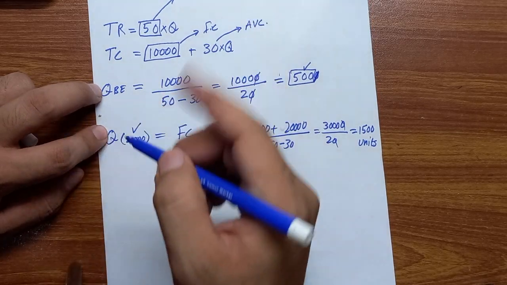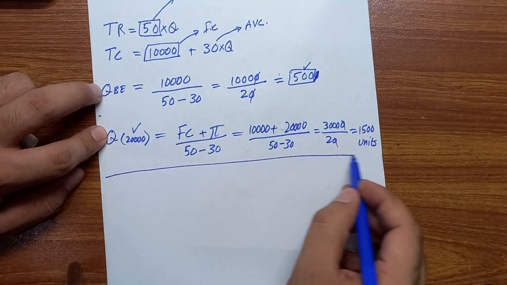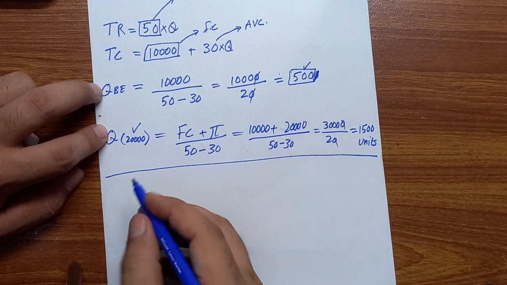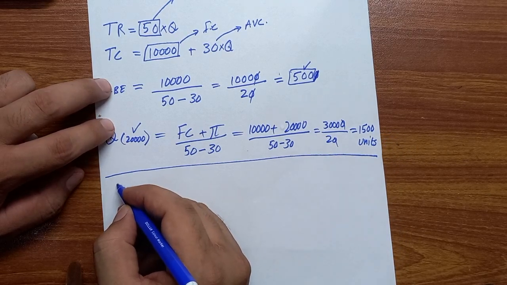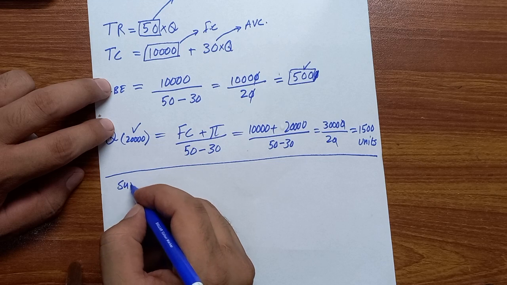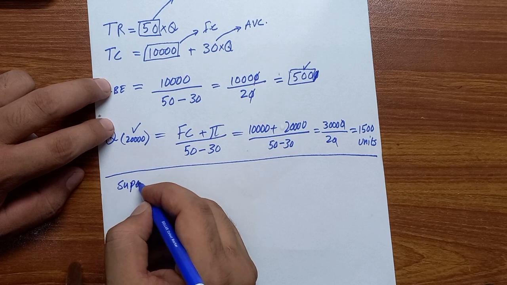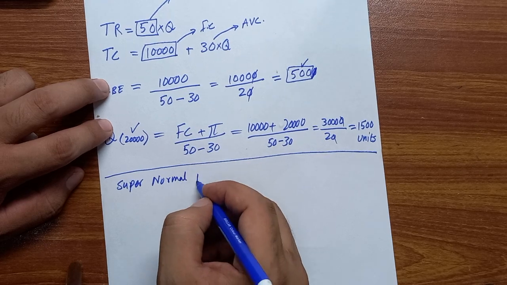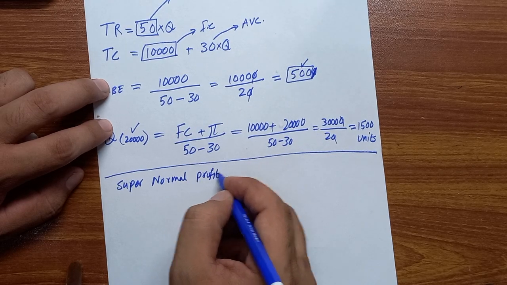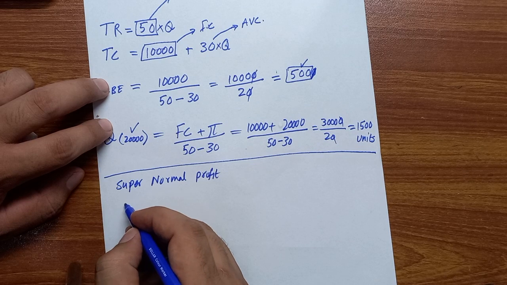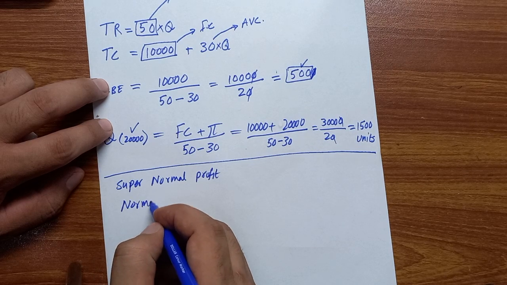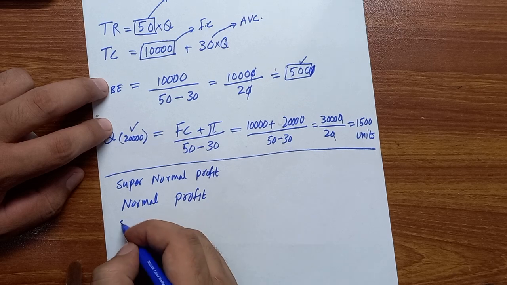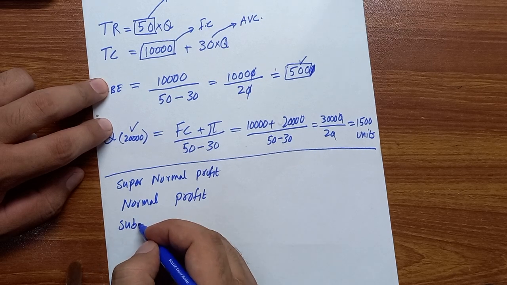For the graphs, we have some graphs also. We have super normal profit, normal profit, and subnormal profit.